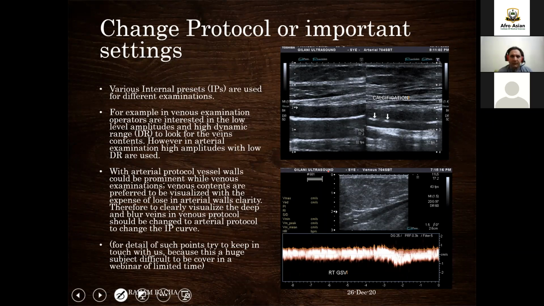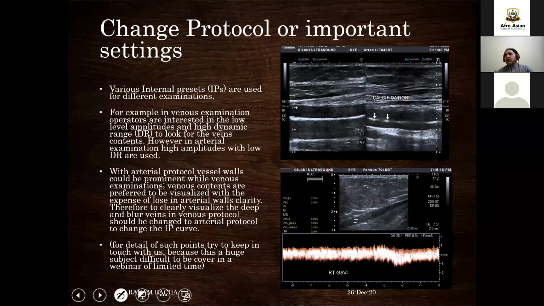And for that purpose, some internal presets have been made by the engineers for particular protocols. In some presets, low amplitude echoes have been given preference, while in other protocols, high amplitude echoes have been given preference.